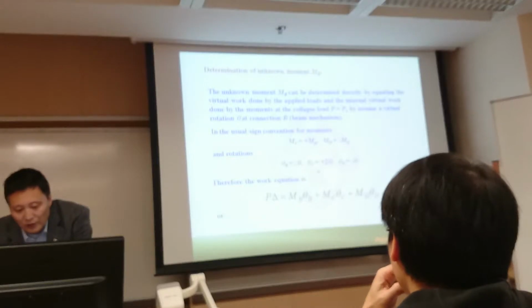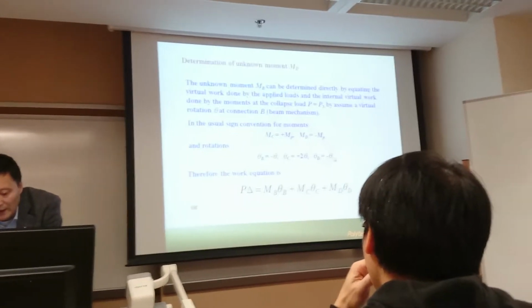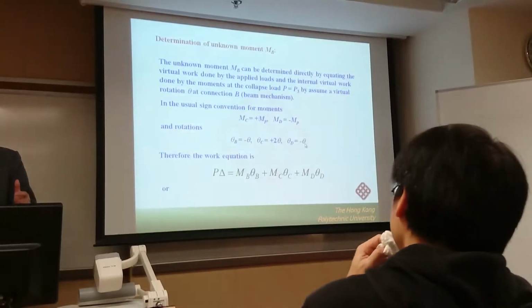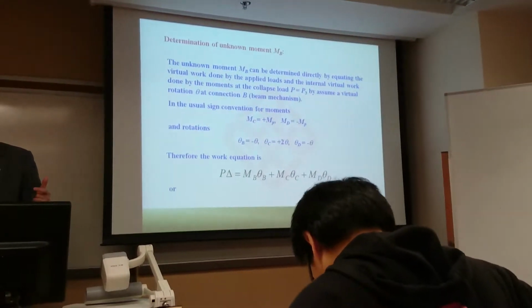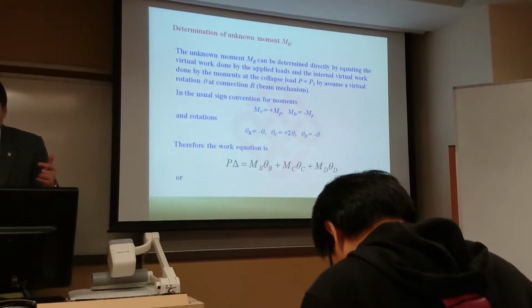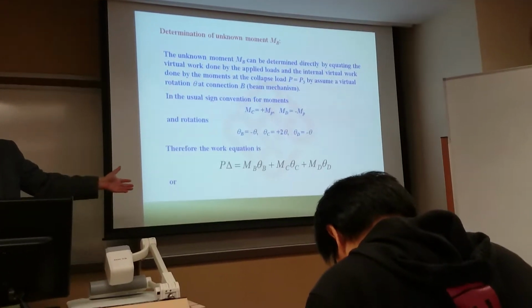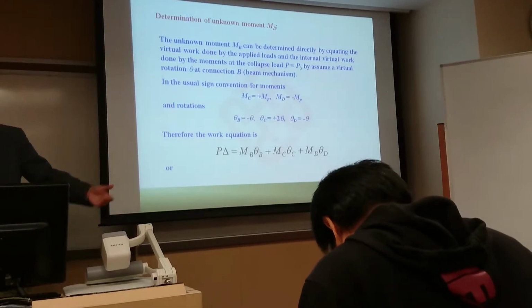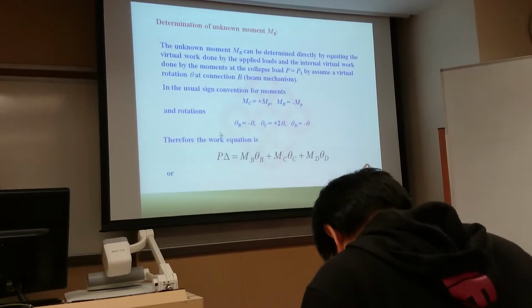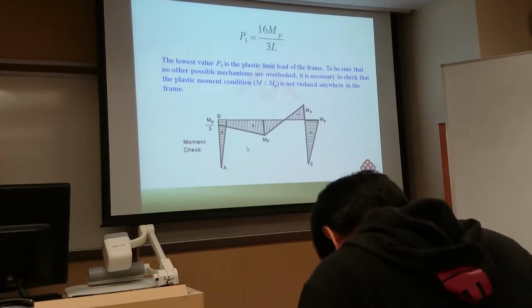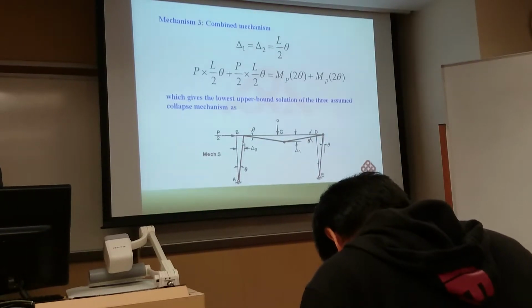Okay, and we introduce a virtual displacement like this. This is an independent virtual displacement for the purpose of calculating the moment at the point B. But maybe you have a question for me. Actually, this virtual displacement is just the virtual displacement we use here.